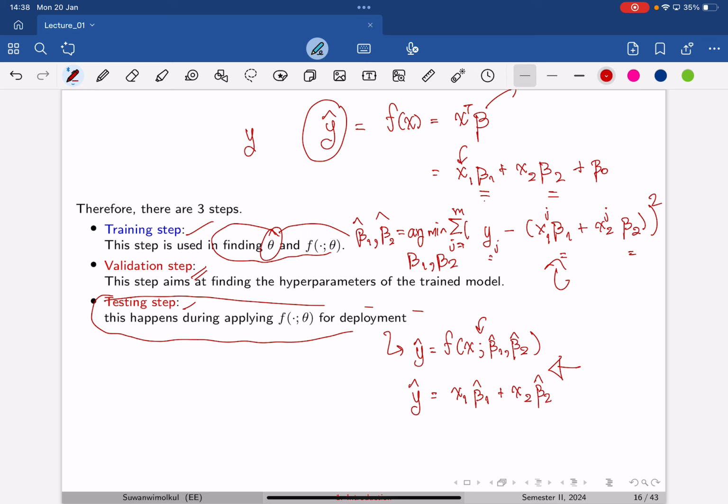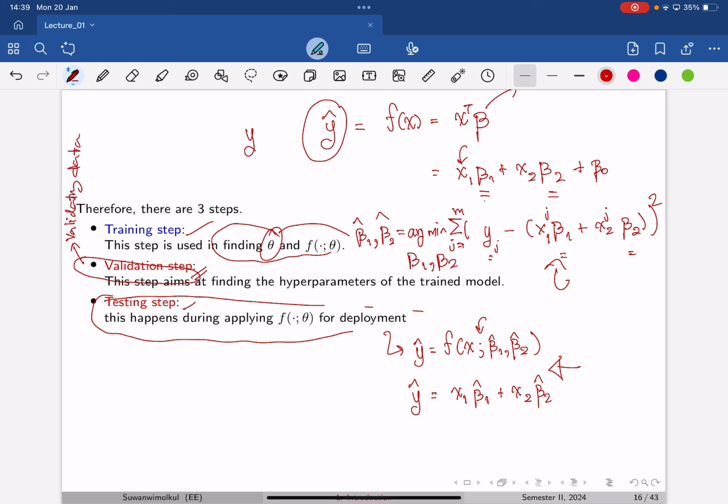How will you know whether or not you need this beta 0, or you just need beta 1, beta 2, or you need up until beta 4? To find how many model parameters you need, you may need an additional step called the validation step. And of course, you need validating data.